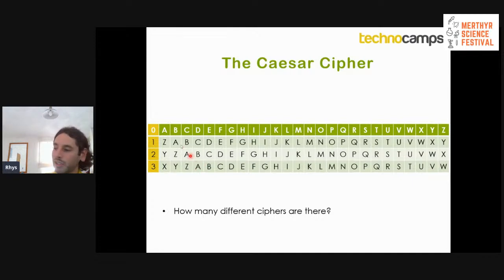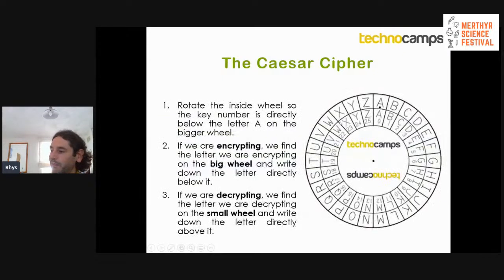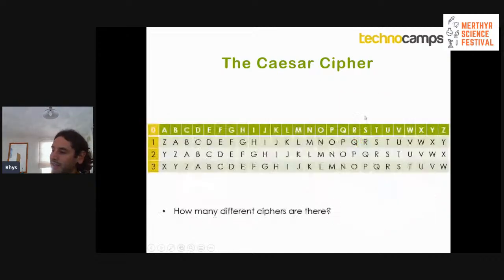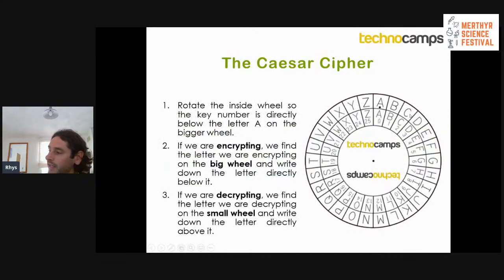But to actually have this all laid out would be quite a large piece of paper. So something that they would have used, and we can use instead, is the Caesar cipher wheel. This wheel is exactly the same as the table laid out here, except the table is rolled around to form the wheel. The outside wheel, the larger one, is the plain text area, the original letters.